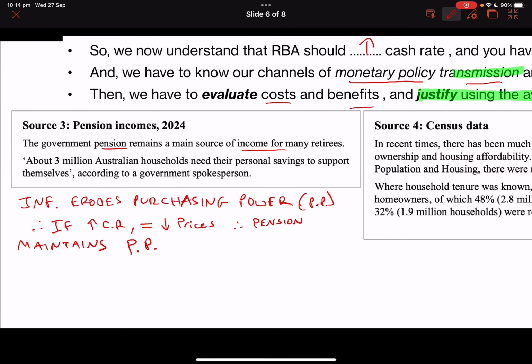Okay. So first of all, this is theoretically what would happen. The second point here is actually a bit of a different argument. About 3 million Australians need their personal savings to support themselves. Now, increasing the cash rate equals an increase in interest rates.